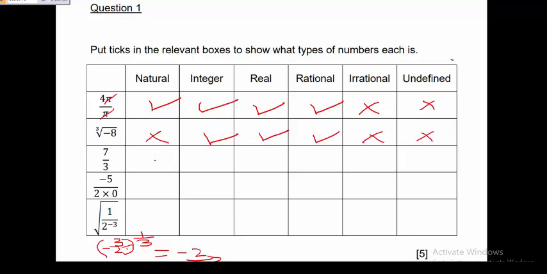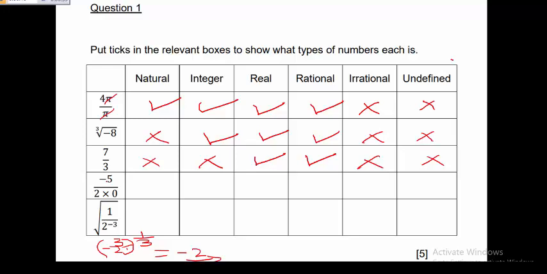That shows you that there are decimals, however those decimals are in a form that can be turned into a fraction. We therefore know it is a rational number. It's not irrational, not undefined, and it's also a real number. However, it is not an integer and not a natural number.